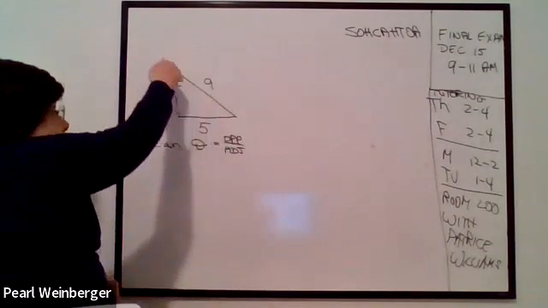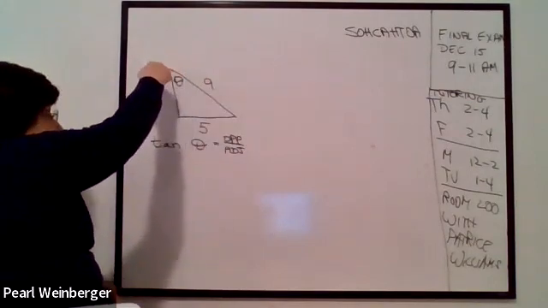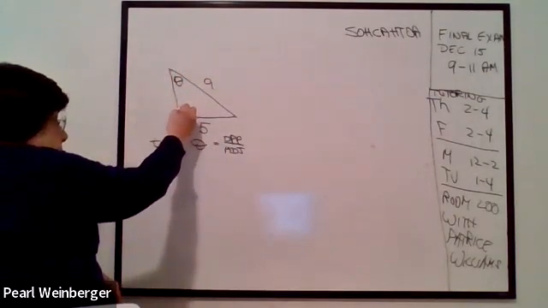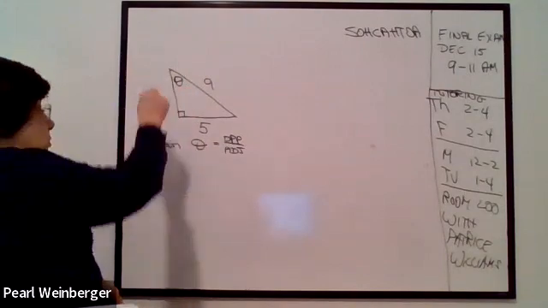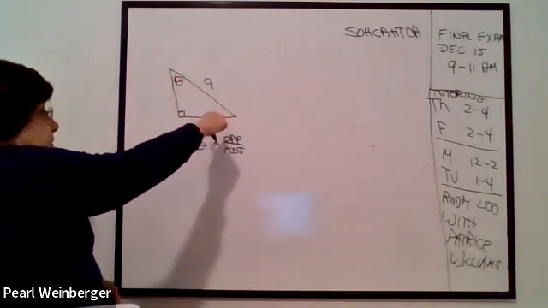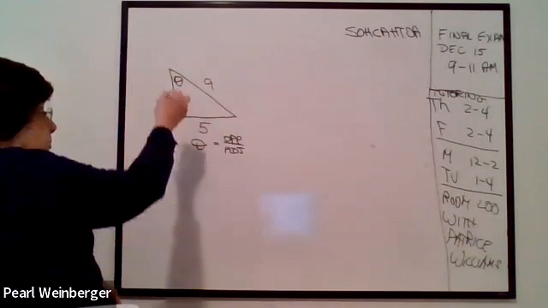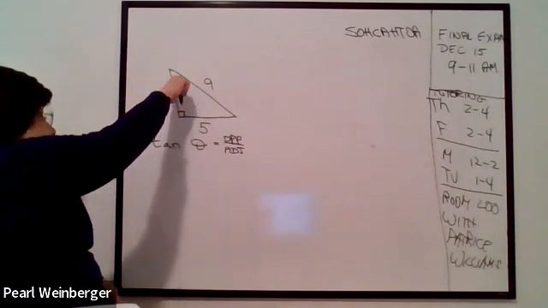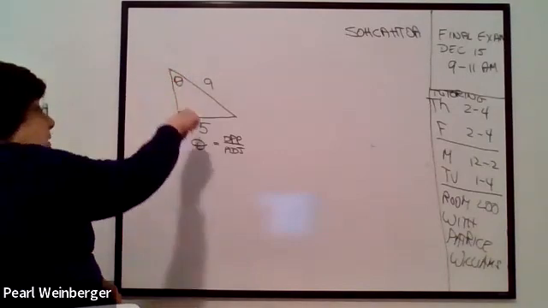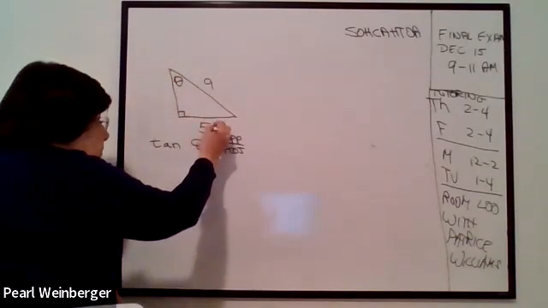So I'm going to label the triangle that I have here. This is my right angle, because that's my square corner, according to opposite, adjacent, and hypotenuse. Now remember, I always look at where the angle is that they gave me. It's up here. Directly across from it is the opposite.